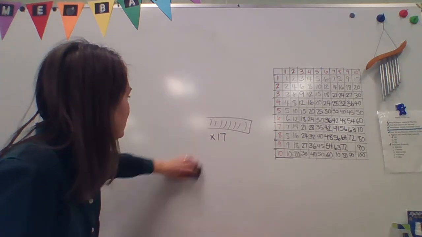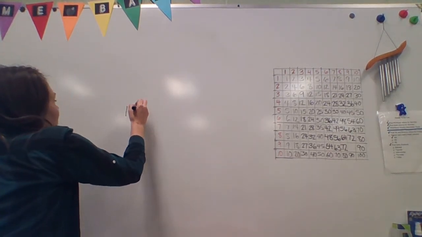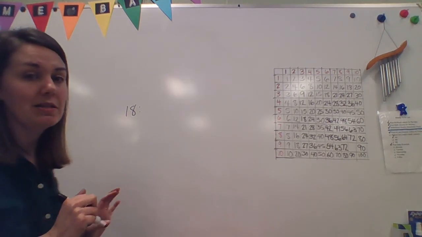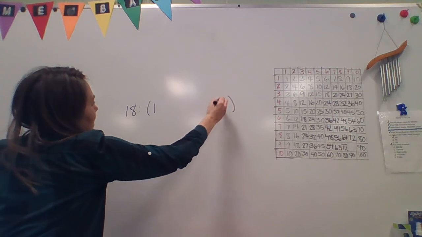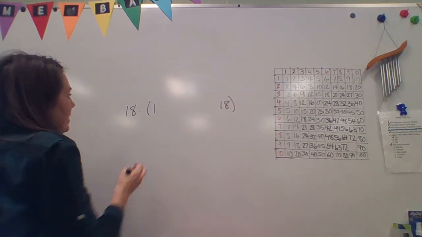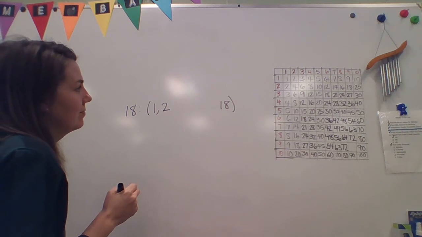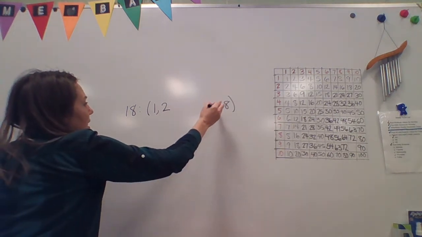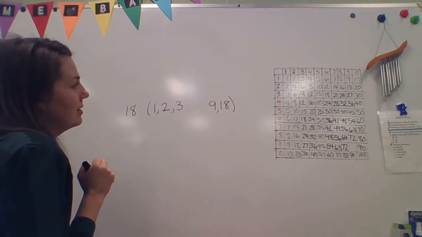All right, so let's take them one at a time. Let's look at 18. What are factor pairs for 18? I'm going to list them out using my parentheses, okay? So I know that I have 1 and 18 at the other end. Is there any number that multiplied by 2 will get us to 18? Yes, it would be 9. Any number multiplied by 3?